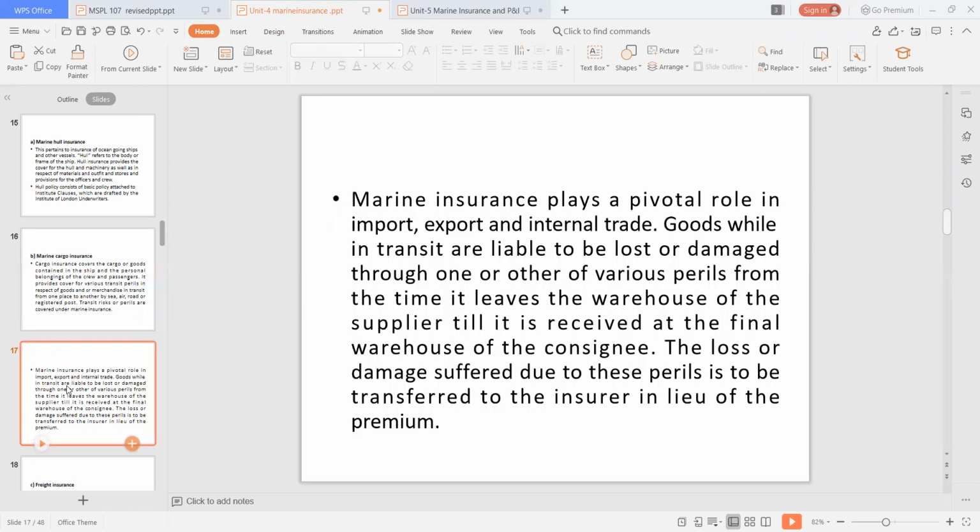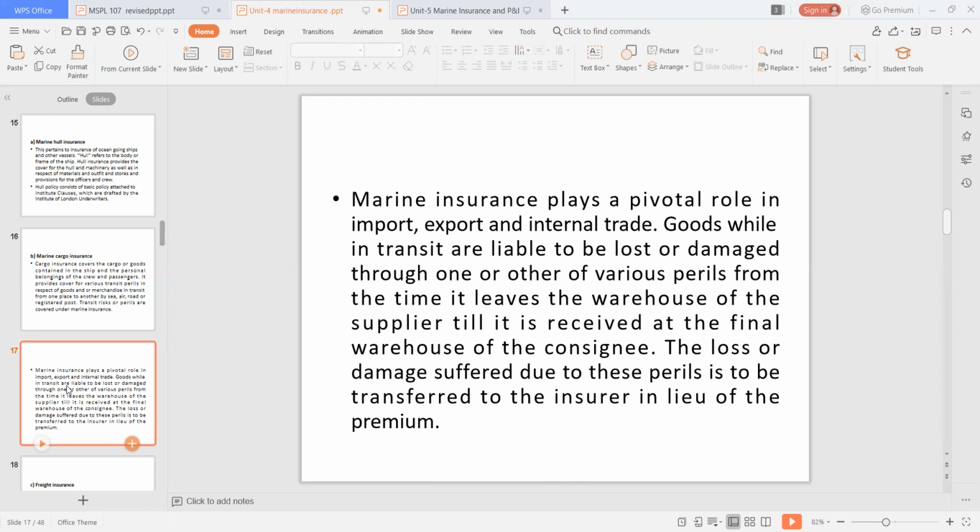Marine insurance plays a vital role in import, export, and internal trade. Goods while in transit are liable to be lost or damaged through various perils, from the time they leave the warehouse of the supplier till they are received at the final warehouse of the consignee.